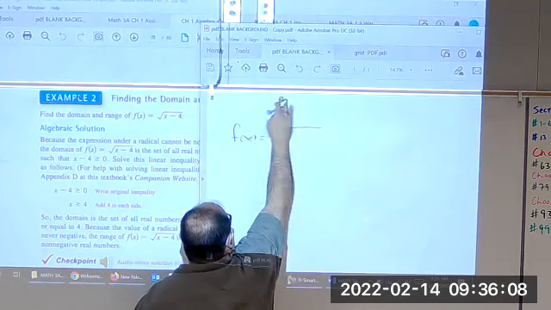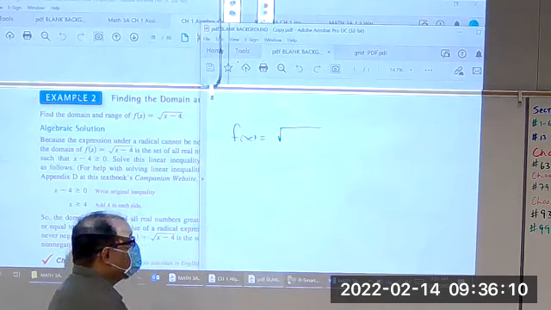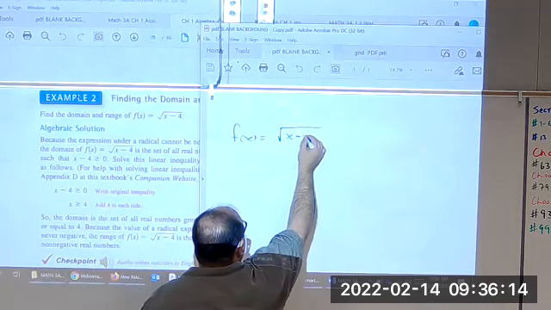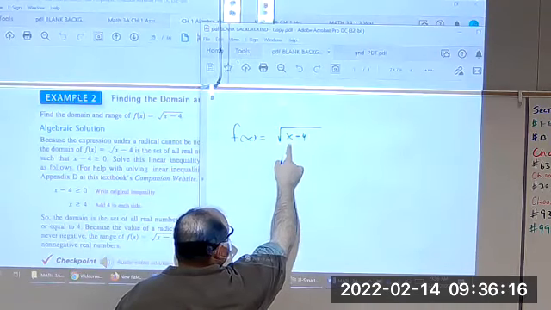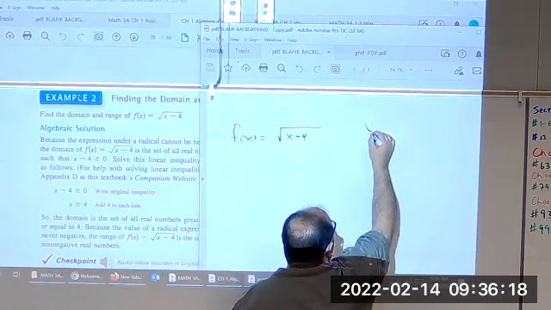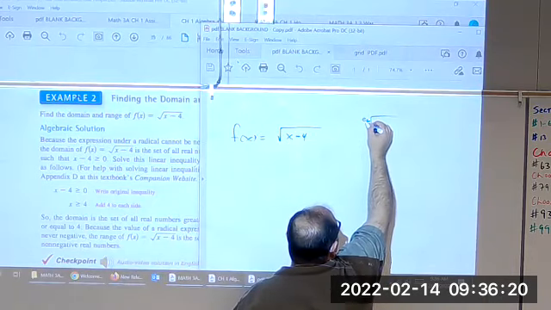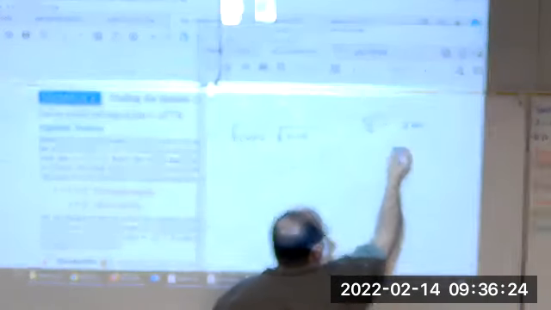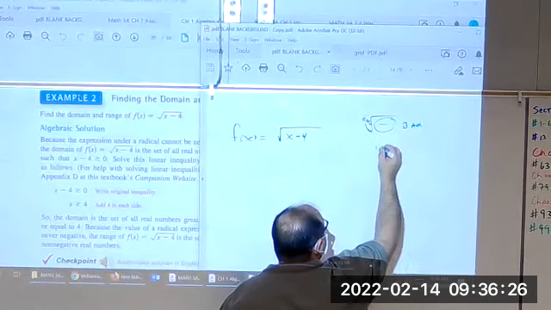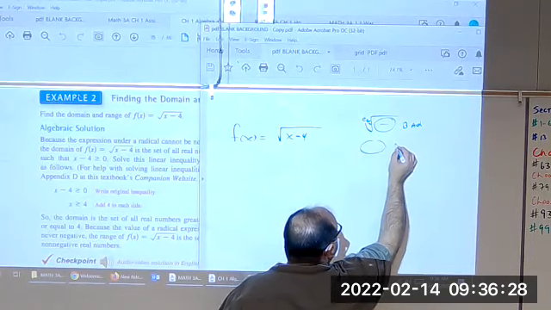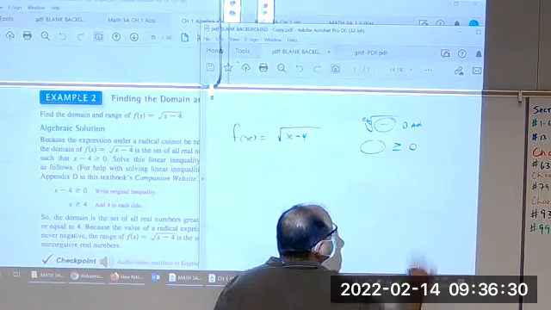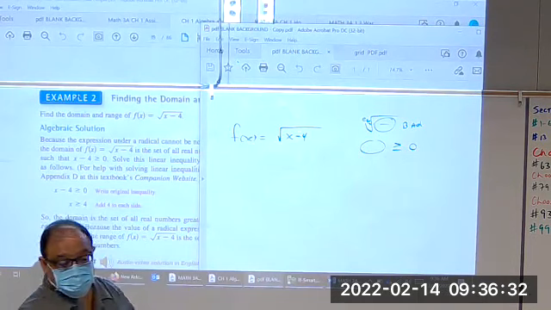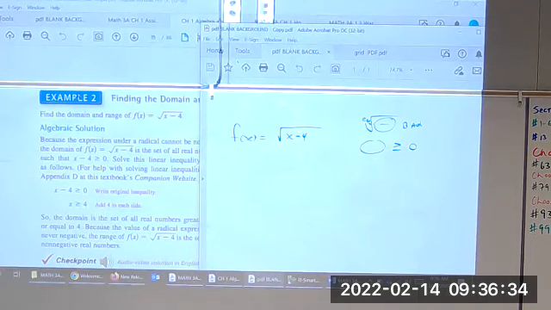This is not going to be on your quiz, but hey, it's going to be on a test, I bet. Domain, x minus 4 inside. It's a square root. Bad things happen when you have even roots with negatives. So that means the inside has to be greater than or equal to 0. That's what it means to not be negative.